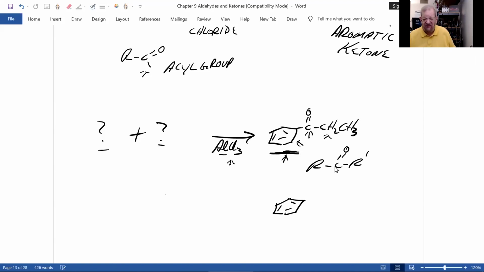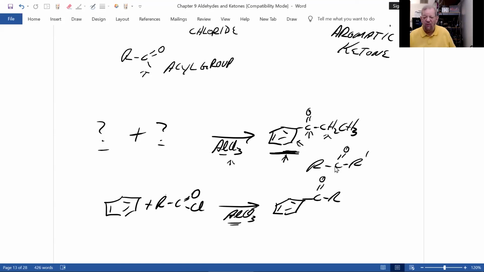Also, this gives it away too. And how do I make that? I react what two things together with the presence of aluminum trichloride, and that is a benzene ring plus an acid chloride.